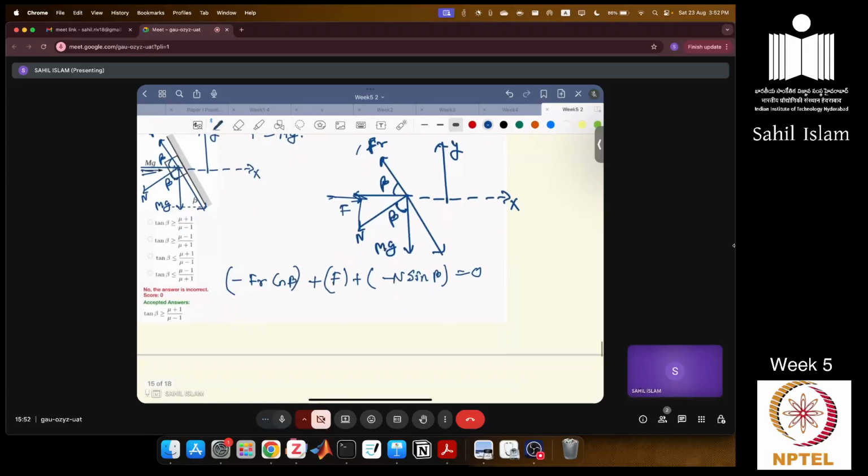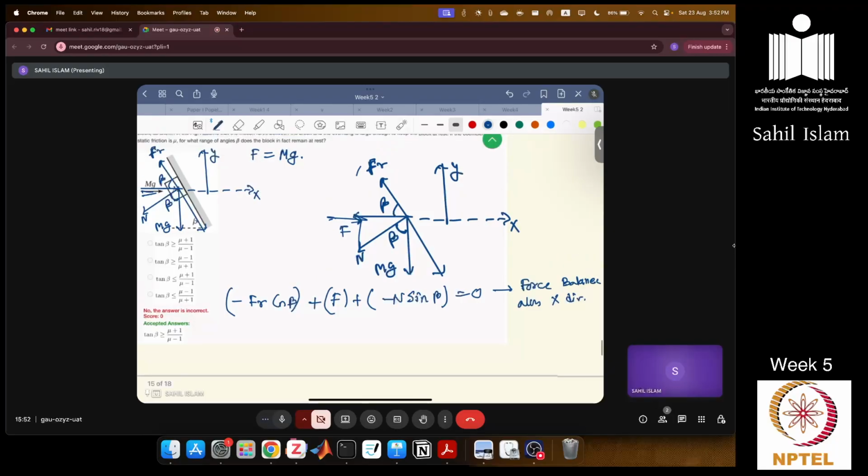Fine. So this is the force balance along x direction.